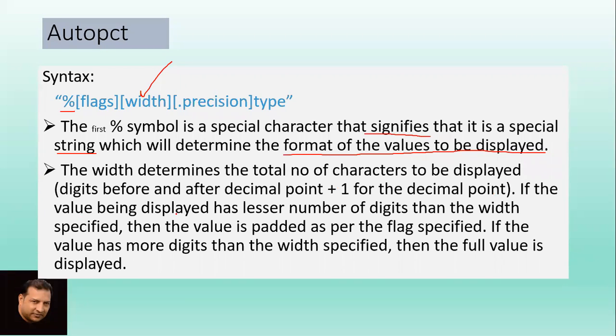If the value being displayed has lesser number of digits, for example, earlier we have taken 1.1. Here 1 means only 1 digit, but we were having like 58.6%.